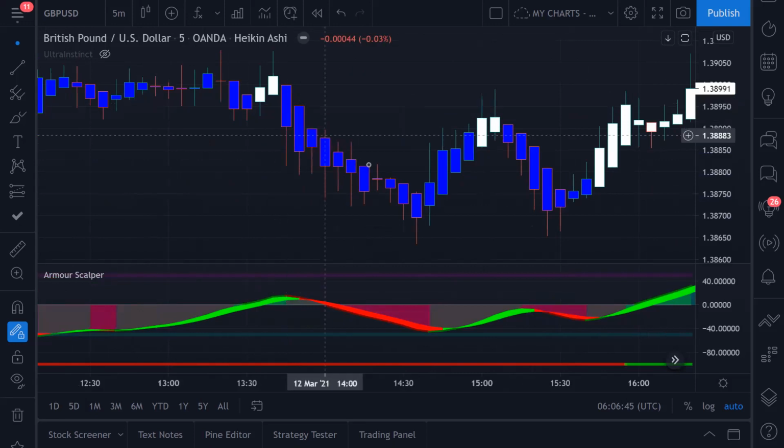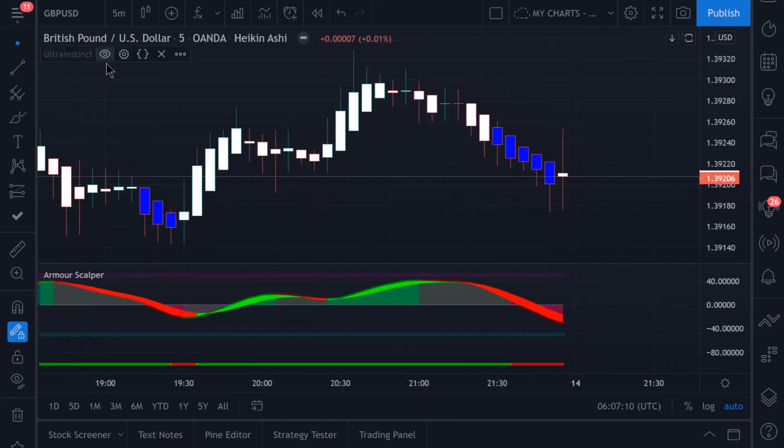And when the candle is blue but the background is green, you want to exit your short position. If you don't exit, the market will recover, and whatever profit you have earned, the market will take it back from you. So this is simple.